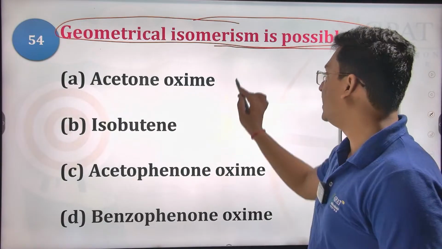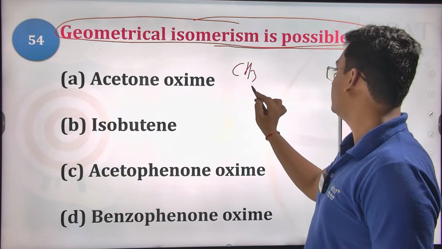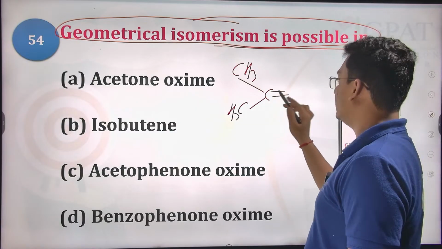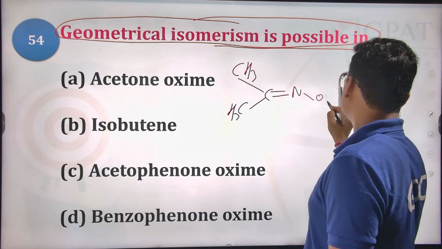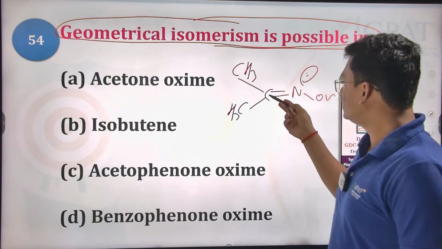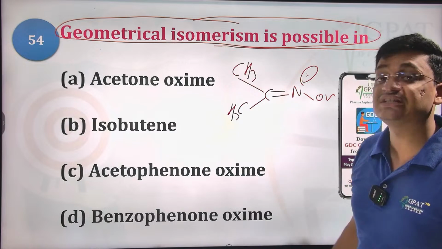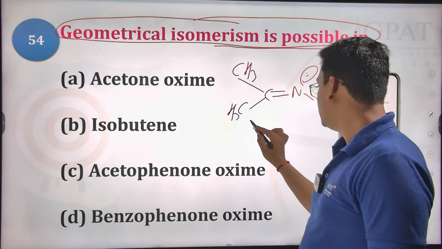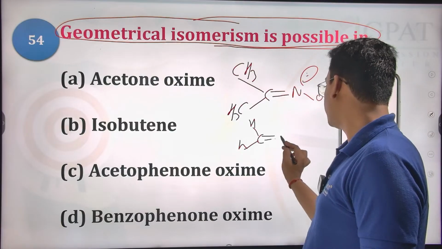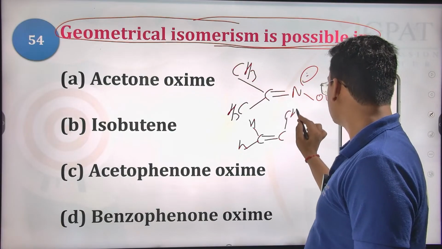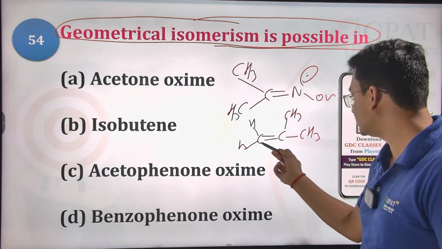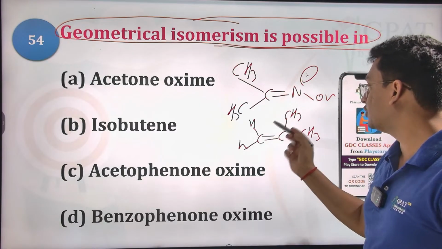Acetone oxime has CH3 double bond NOH, and this restricted carbon has both the same groups, CH3. Isobutene, with H, this one, also has the same groups on the restricted atom.